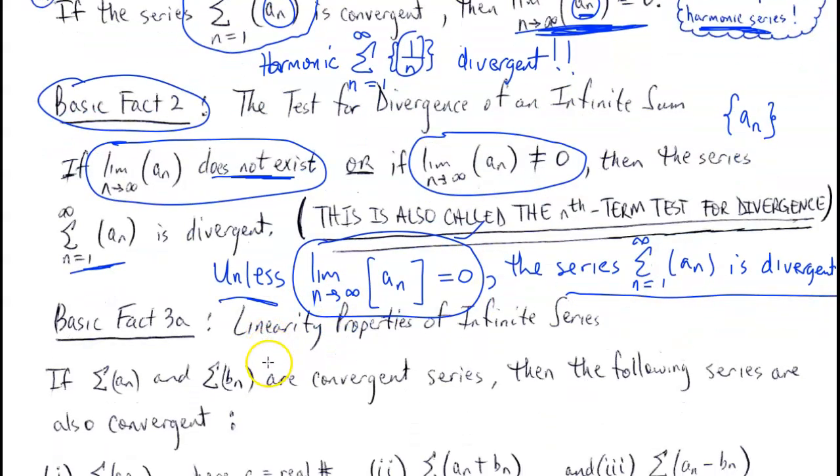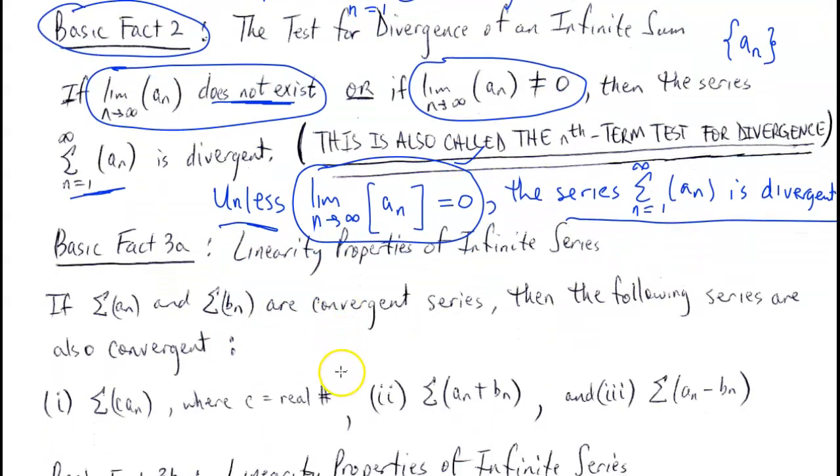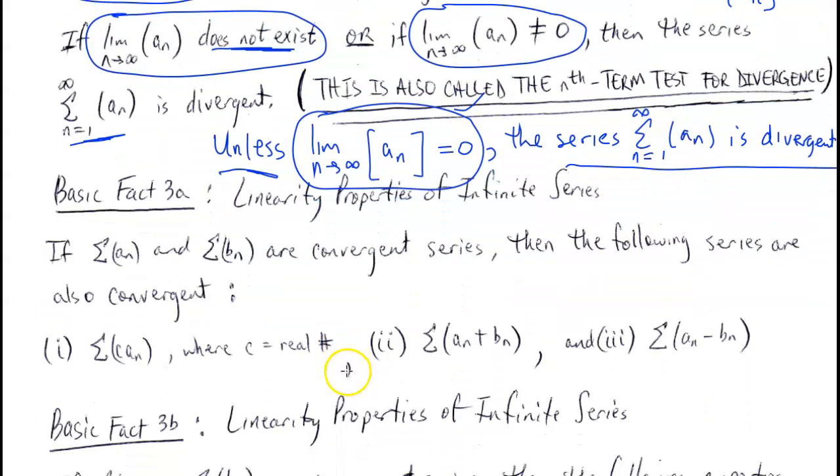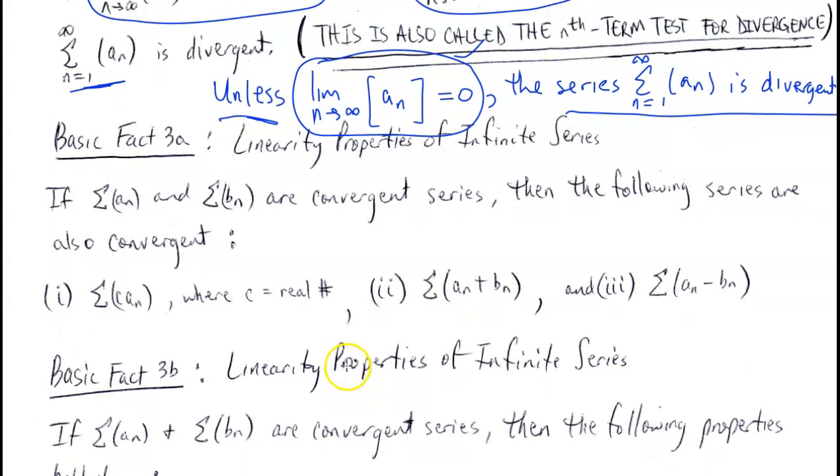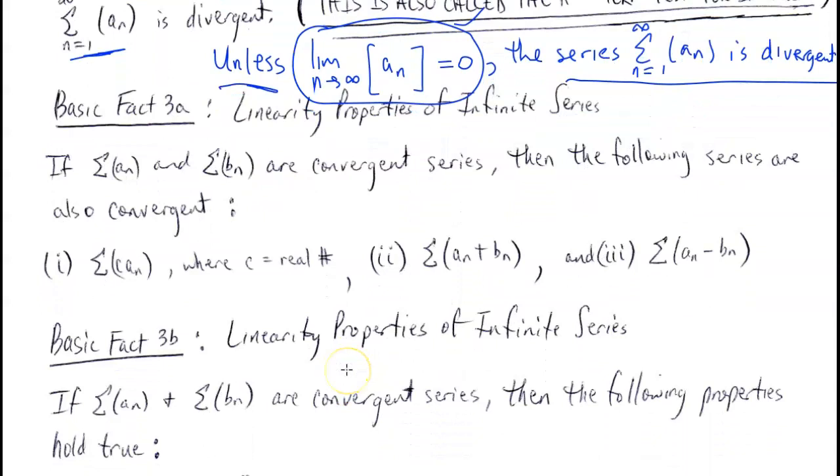All right, so basic fact number 3. This one I call the common sense basic fact because it just basically outlines the linearity properties. So here, if we had two series and we know that both of these series are convergent, then the following series should also be convergent.